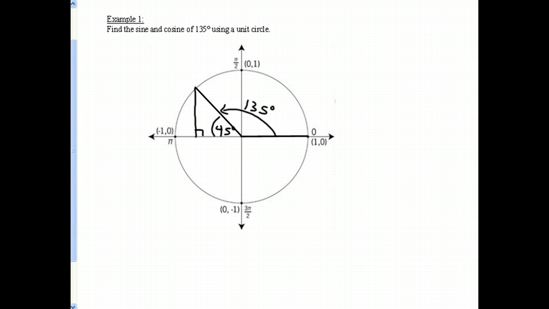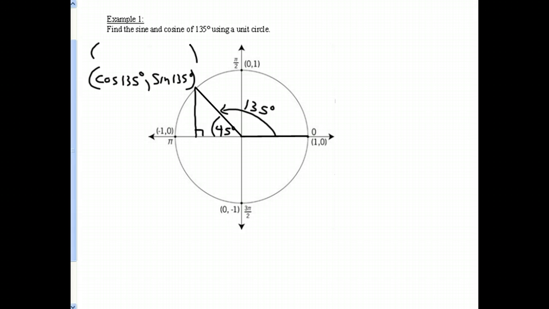So that reference angle has got to be 45 degrees. And we know that the coordinates at this point will give us the cosine of 135 degrees and the sine of 135 degrees. And what we do is we look at our 45-degree reference angle.